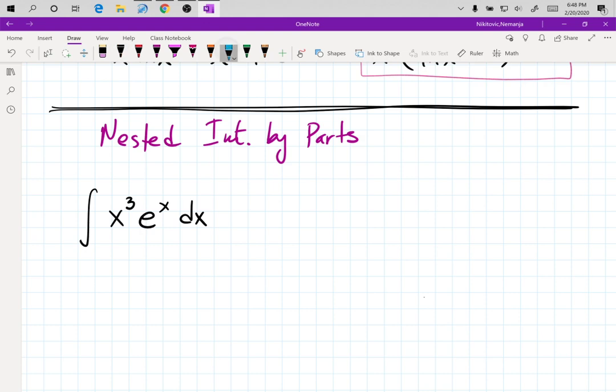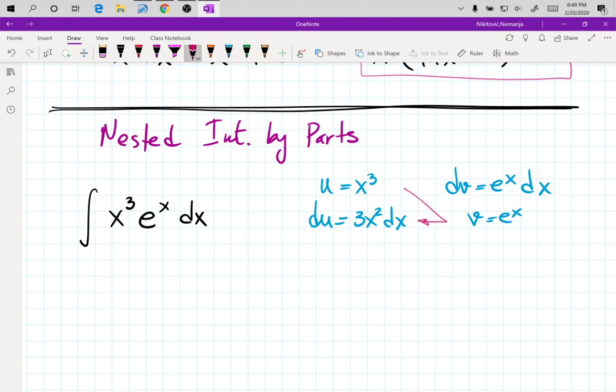So we immediately start working. We're not sleeping here, right? u equals x cubed, dv equals e to the x dx. du is equal to 3x squared dx, and v is just e to the x.